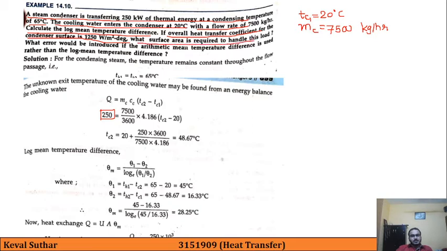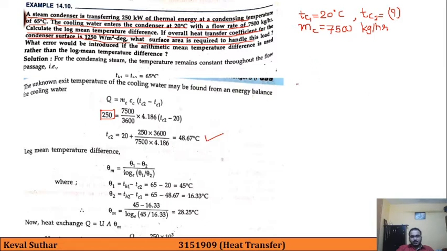Okay, so let's first focus on this question. We don't know the temperature at the exit, that is, we are not aware of TC2. It can be obtained with this energy balance equation, Q equals mc cc (TC2 minus TC1). So here we are obtaining the value of TC2. Now here we are using the counter flow arrangement.